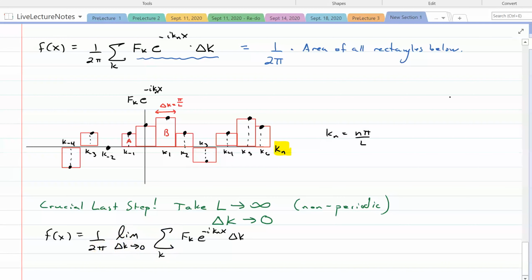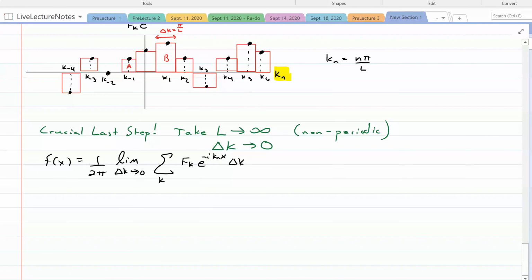And this should remind you of a Riemann sum in calculus. But as the limit that the width of those rectangles goes to 0, I have the area underneath this curve. The points become really, really closely spaced. k becomes a continuous variable.